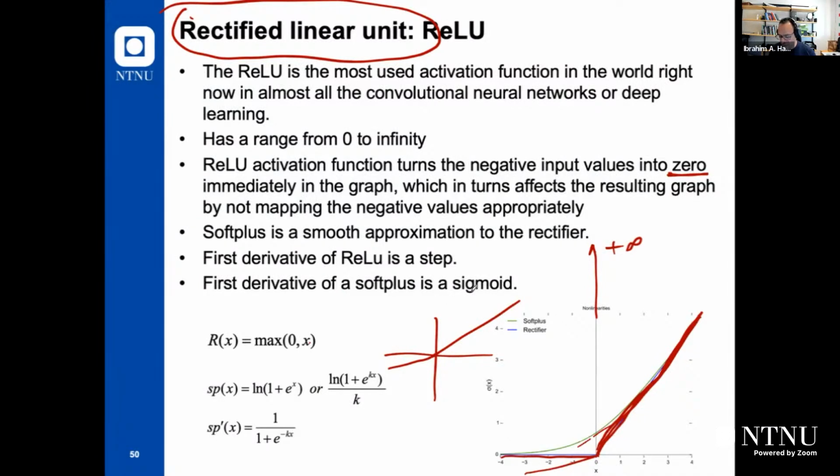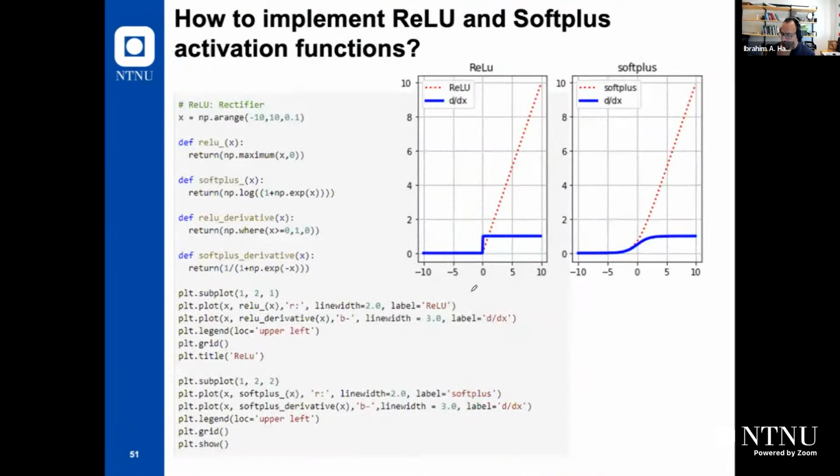And the first derivative of the softplus is a sigmoid. So if you are using ReLU, this is the dotted one, and its first derivative will be a step function, this one. If it is softplus, the first derivative of the softplus will be a sigmoid, right? So the first derivative of the rectified linear unit is a step function, and the first derivative of the softplus is a sigmoid. So it will be like this, and this is how we can plot it.